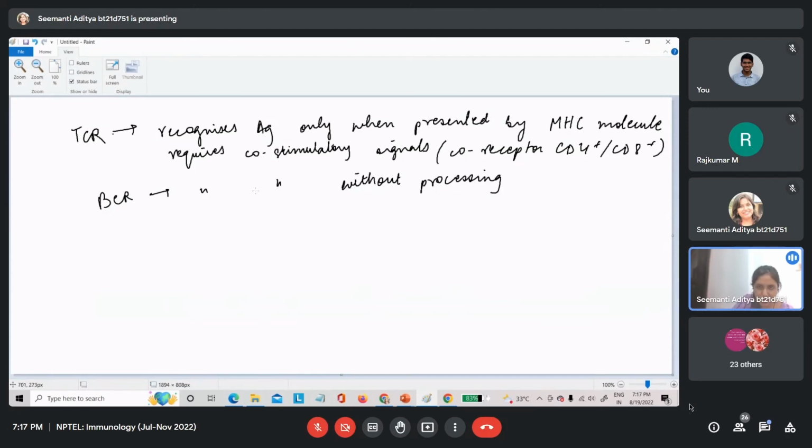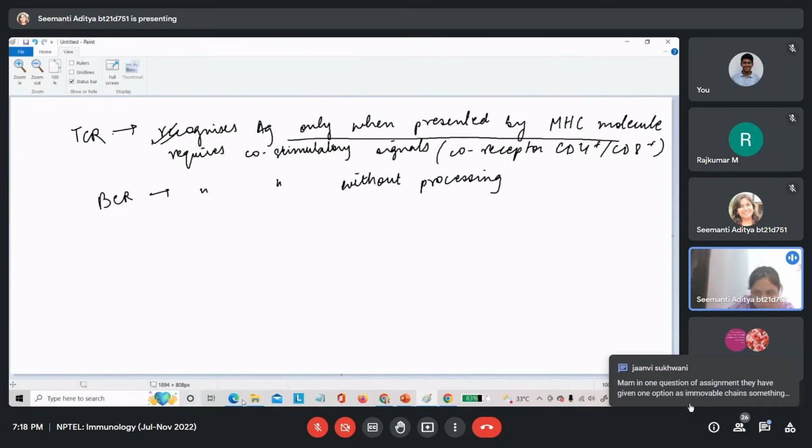B cell receptor also requires co-stimulatory signals because it has some other receptors, I guess, like B7 or something, I don't recall right now. But T cell receptor majorly requires antigen to be presented by an MHC molecule in order to recognize it. B cell receptor does not require antigen to be processed and presented by an MHC molecule. So yeah, that is the major difference between T cell receptor and B cell receptor.